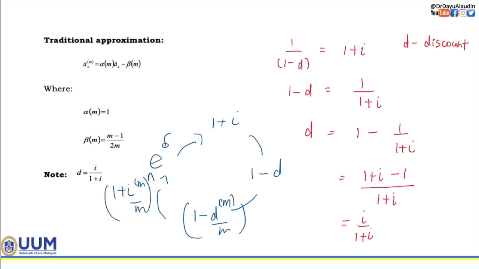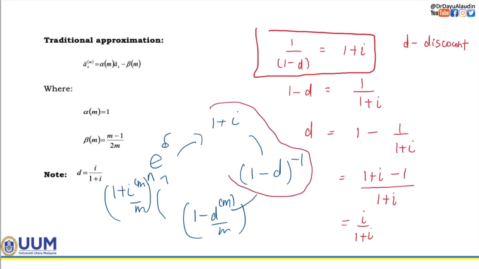So you can refer back to chapter 3. The relationship is 1 over 1 minus d equal to 1 plus i, to the power of negative 1. This relationship we use to find d. So finally we get d is equal to i over 1 plus i.